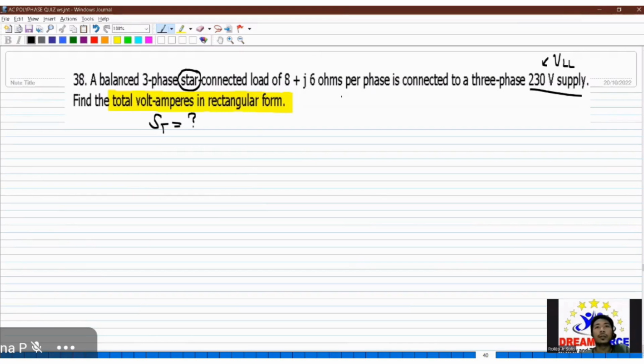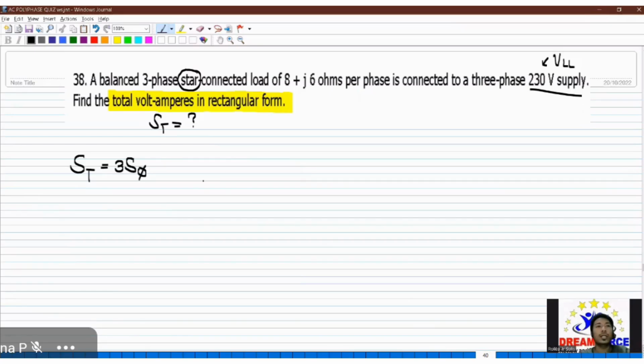Okay? Yan. So mahalaga din, tignan mo yung power factor. Parang ito, so positive. Okay, so ibig sabihin dapat yung final answer ko sa S positive din, kasi parehas lang ng sign yung Z at saka yung S. So anyway, hinahanap is S, may given tayong Z, may given tayong voltage. So pwede ulit natin gamitin yung S total is equivalent to 3 times your S per phase.